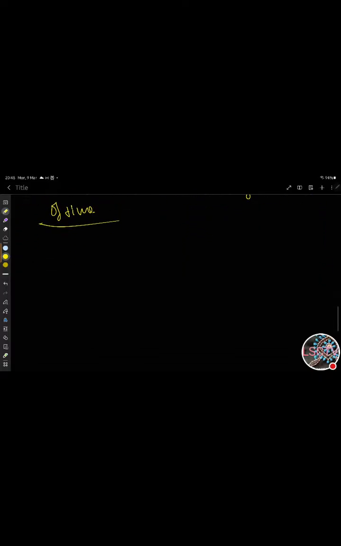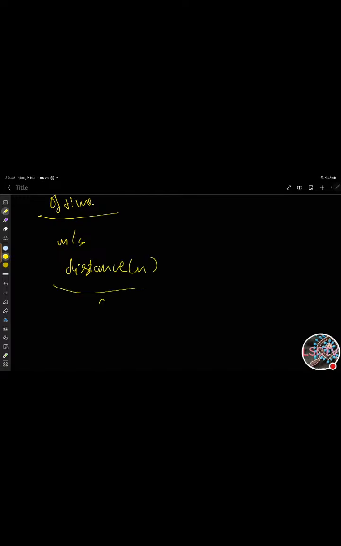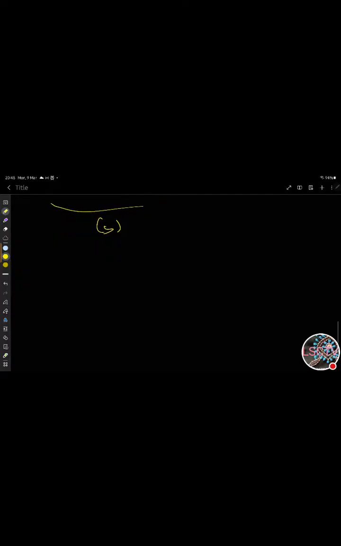That is called the speed. The SI unit of speed is meter per second, because what is the SI unit of length or distance? It is meter. Time is second. Meter per second. Simple.